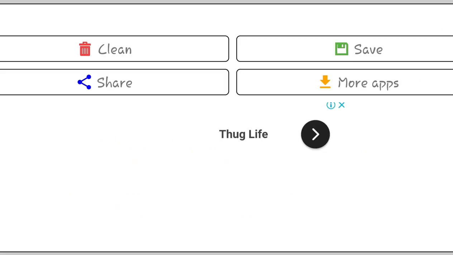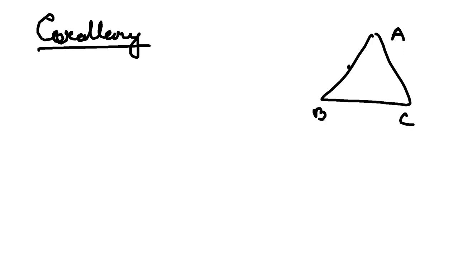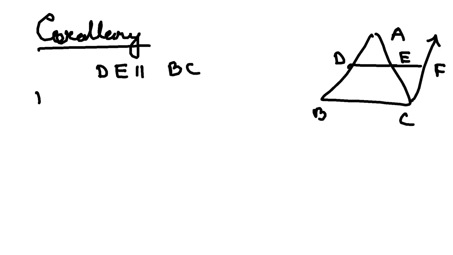Okay, so now let us do this corollary part. So this becomes your corollary. So this is your triangle ABC, DE, construction F, isn't it? We have just proved that DE is parallel to BC, but DE is half of DF because E is the midpoint.